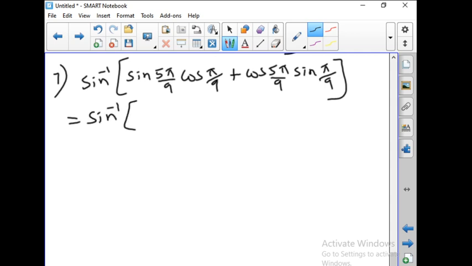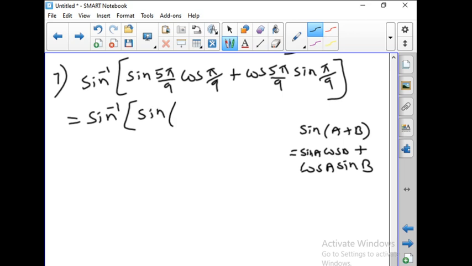Sin A cos B plus cos A sin B. We know the sin A plus B formula: sin A plus B is equal to sin A cos B plus cos A sin B. So this is sin 5 pi by 9 plus pi by 9.